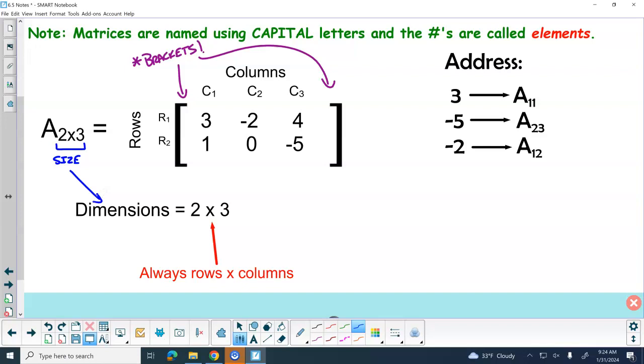And how we say this is that this 3 is living at row 1, column 1. Everything in a matrix is rows by columns. Can't stress that enough. Rows by columns, rows by columns.